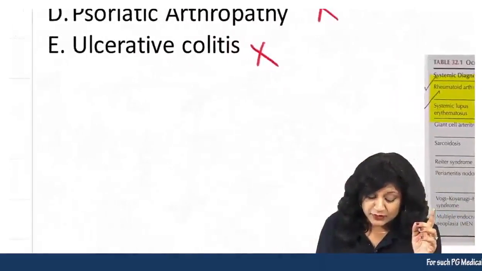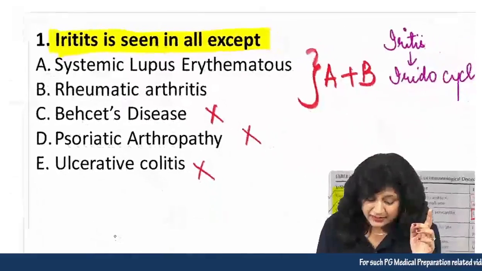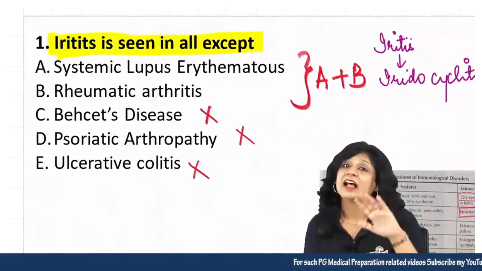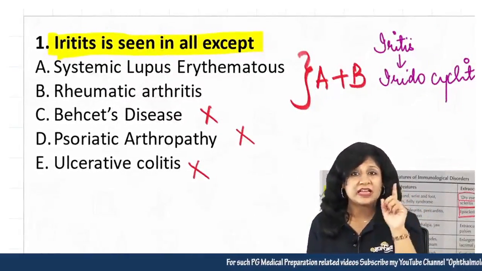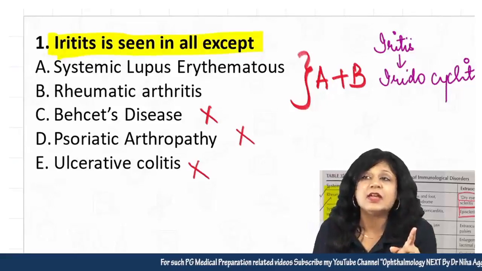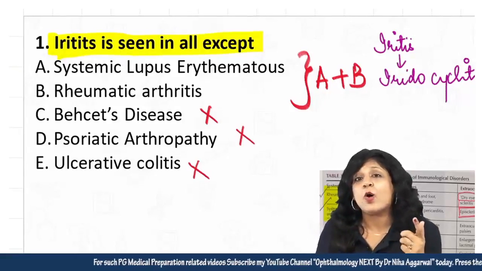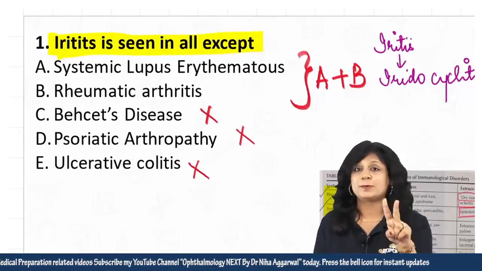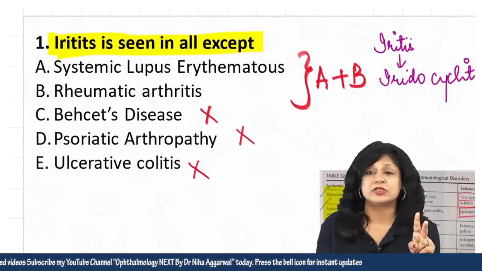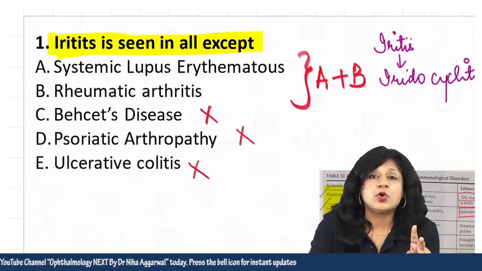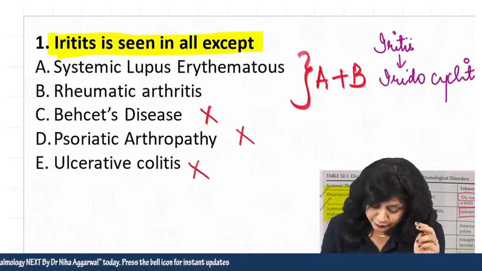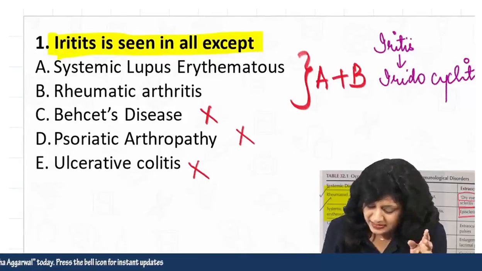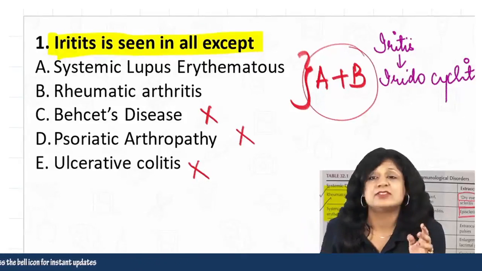If the question was which one it is present in, then the answer would have been all. It can be present, okay, but because they are asking an all-except kind of question, and they want minimum two options in which I should say there is no iritis, therefore I will say the answer is A and B.